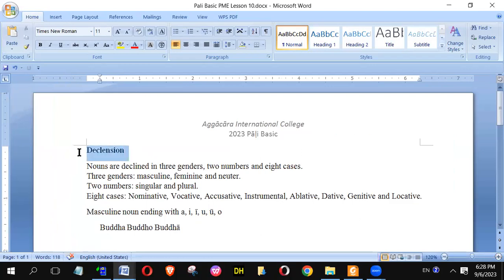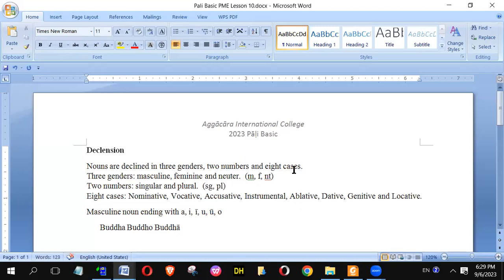So now, what is this? We have declension. Today we learn more about declension. Nouns are declined in 3 genders: masculine, feminine, neuter. For short, M for masculine, F for feminine, and NT for neuter. And 2 numbers, singular and plural. Singular means like 1 person, plural means many persons. So SG or PL.